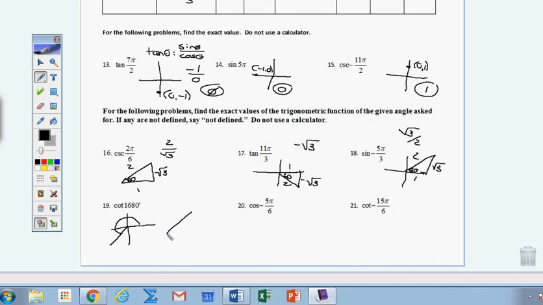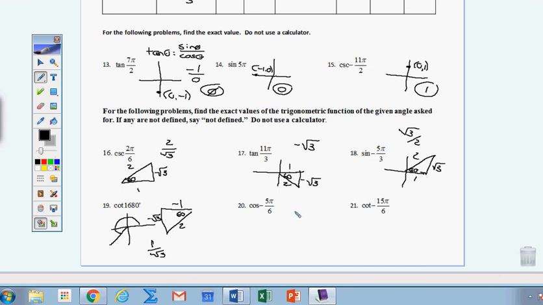So it's going to be a triangle like this with a 60-degree angle here. Opposite of 60 is negative root 3 in this quadrant. It's negative 1 and 2. So the cotangent of that is adjacent over opposite, which would be negative 1 over negative root 3, or just 1 over root 3, because the negatives cancel out.